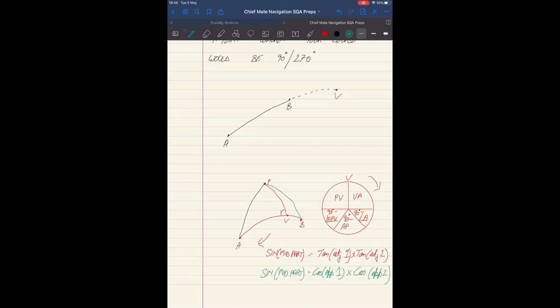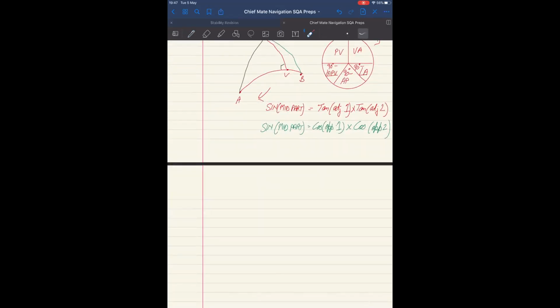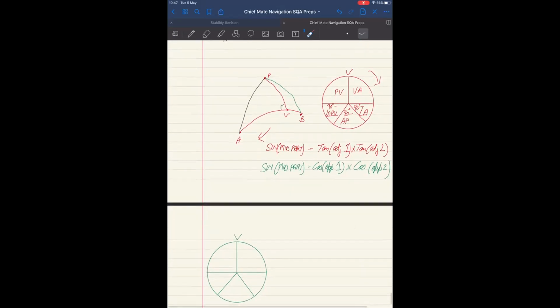After this, we will make the Napier's wheel for the triangle PVB. So let's make the Napier's wheel for PVB. Again, it is right angled at V here, and I will decide to move clockwise. If I move clockwise, this has to move also in clockwise.